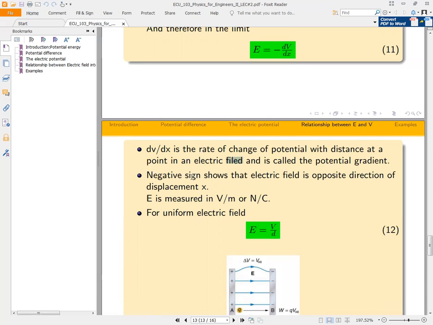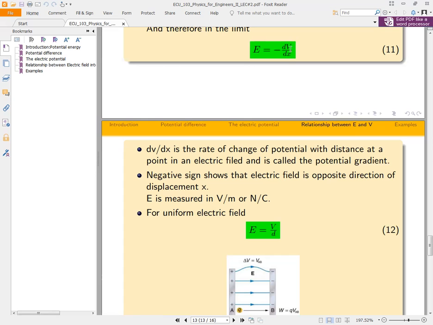The negative sign shows that the electric field is in the opposite direction to the displacement. Remember, when you're dealing with vector quantities, direction is very important. So the negative sign here indicates that the electric field intensity and the displacement are in opposite directions.